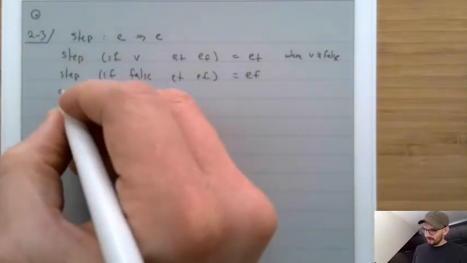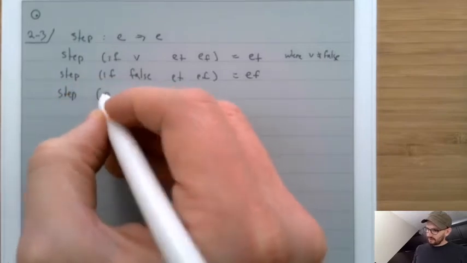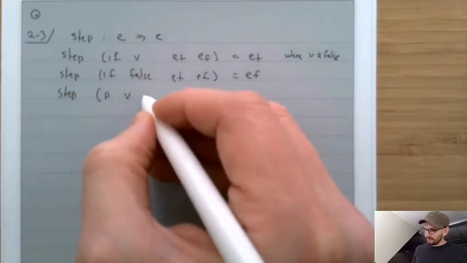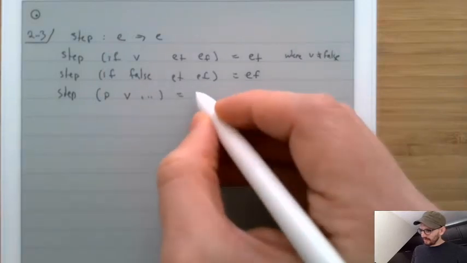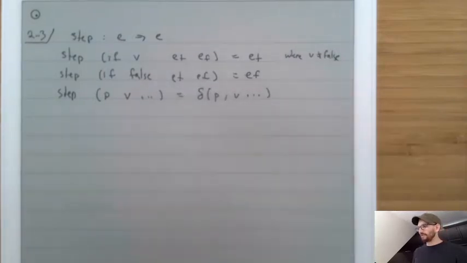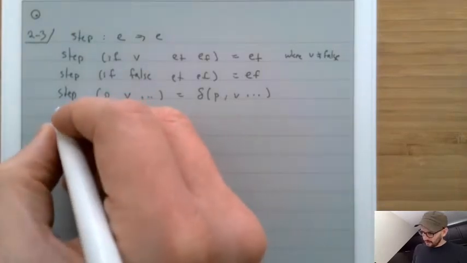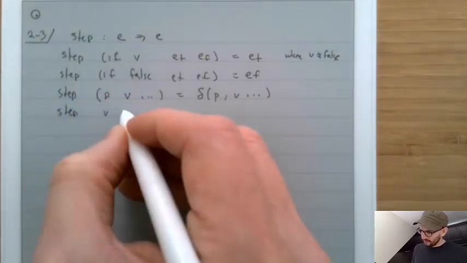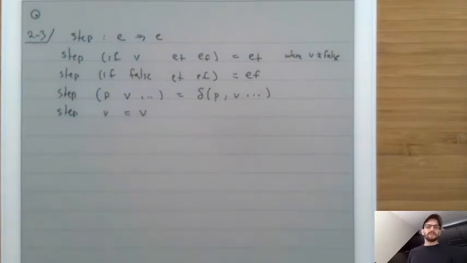If we call step on some primitive and we have some sequence of values, then this is equal to calling delta on P and that sequence of values. If we call step on a value, then we get back that value. So these 4 rules are the main rules that matter. However, we need to have a few more rules.